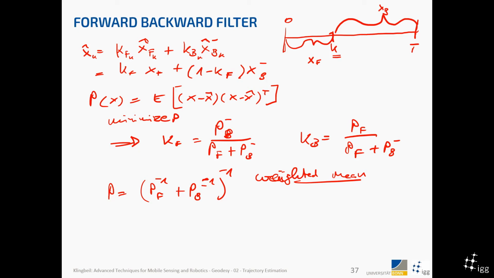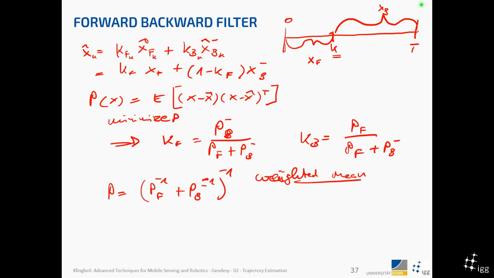What we have to make sure is that the two filters which are combined here, they are completely independent. So what is not allowed is to go to the back and then start with the backward filter from the final estimate of the forward filter.